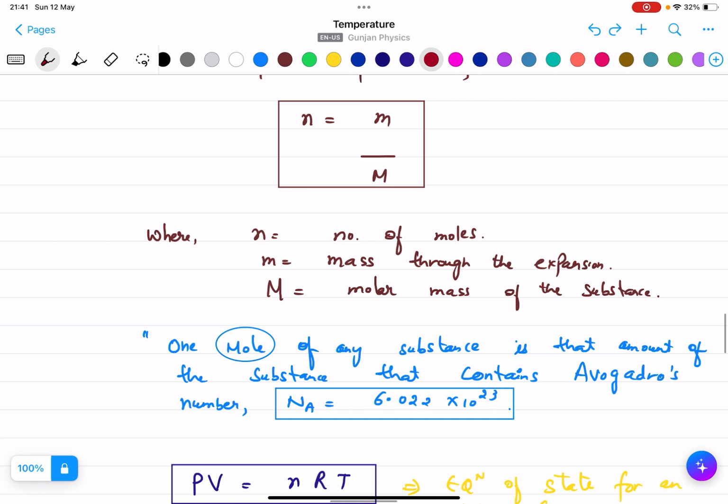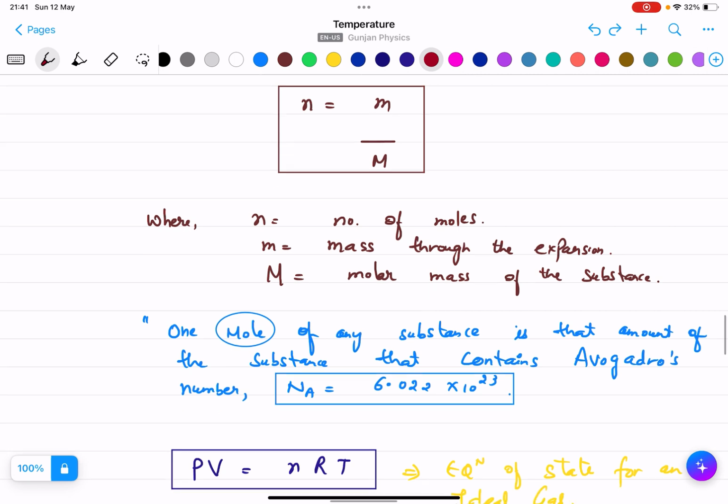One mole of any substance is that amount of the substance that contains Avogadro's number, Na. All these values will be given to you in the physics formula sheet. You just need to know how to place the formulas, and you will be given everything.